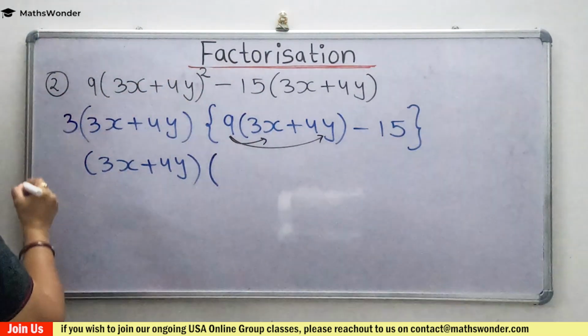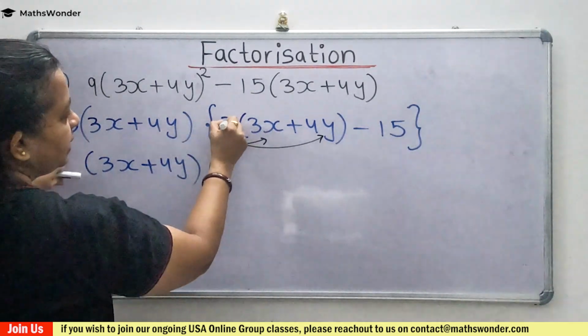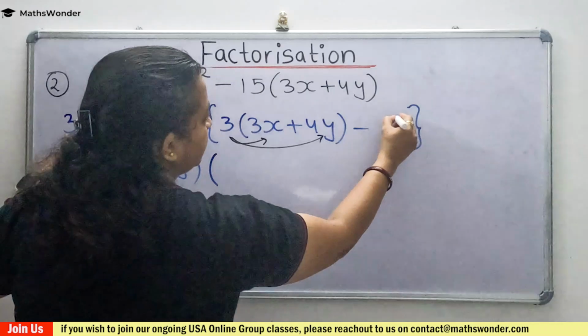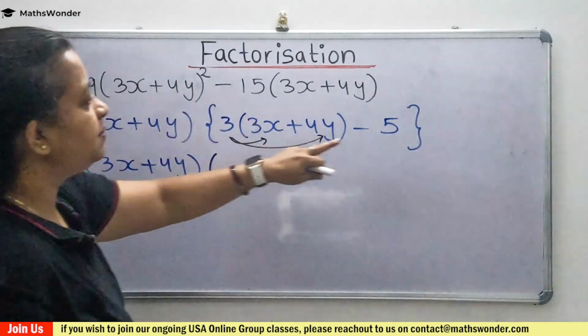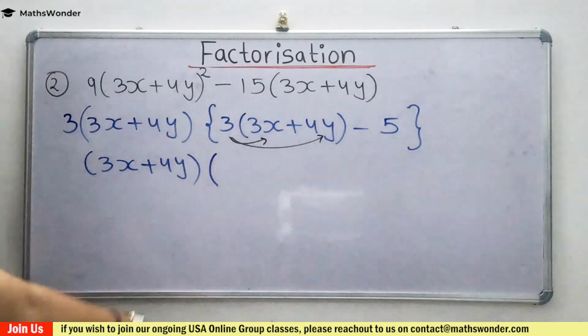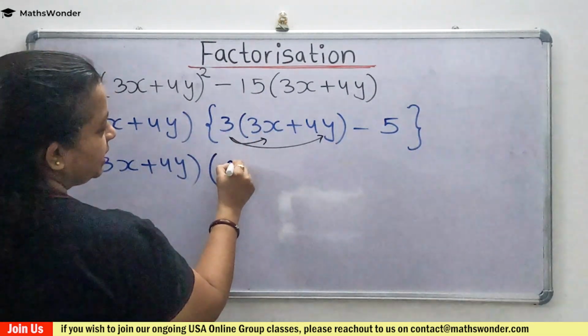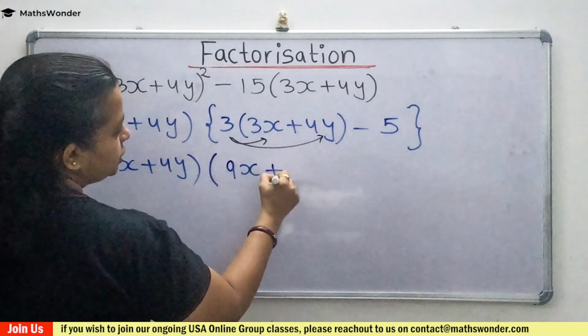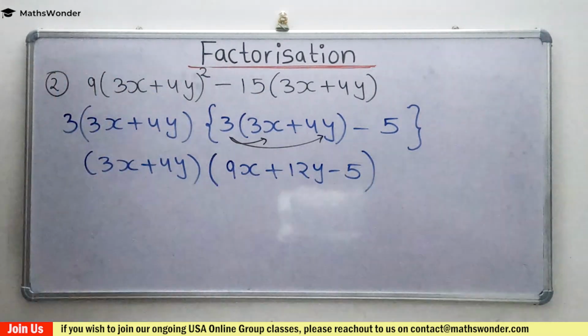You can simplify that. So you will take 3, so here it becomes 3 only and here 5, because 3 times 3 will be 9, 3 times 5 will be 15. So you can do it like this and then multiply. So 3 times 3 is 9x plus 12y minus 5. This is your final answer.